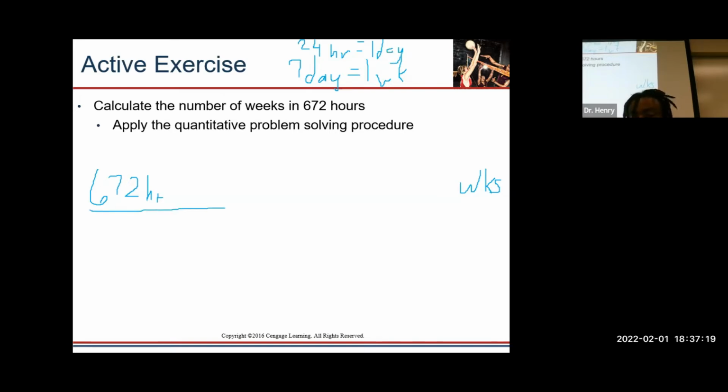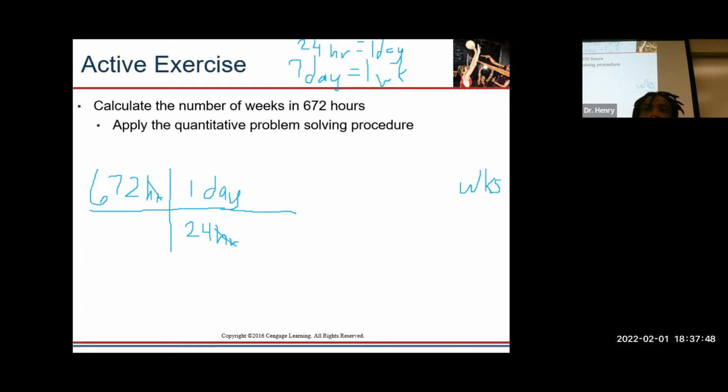I'm starting out with hours. How can I get rid of hours? Okay, so who's going to be on top? Who's going to be on bottom? Okay, so 24 hours on the bottom. So then the hours are going to cancel out. And we have 1 day on top. Okay, so that gives me days now.